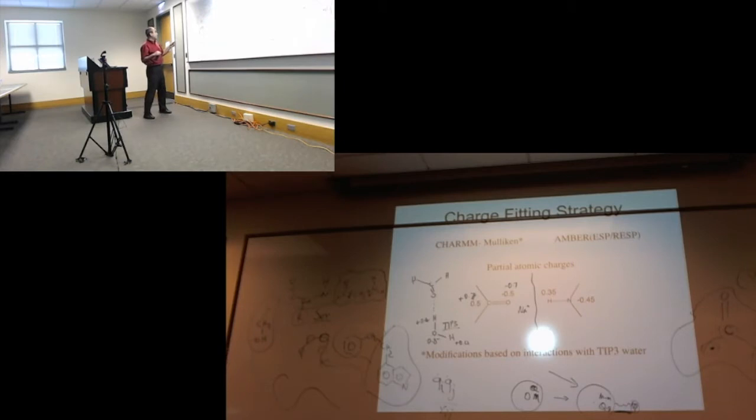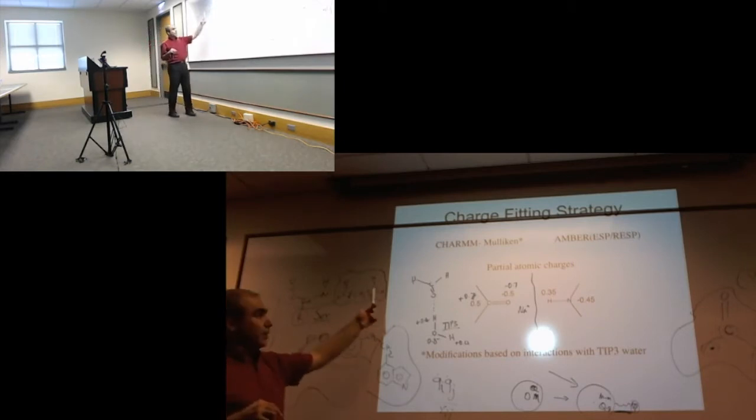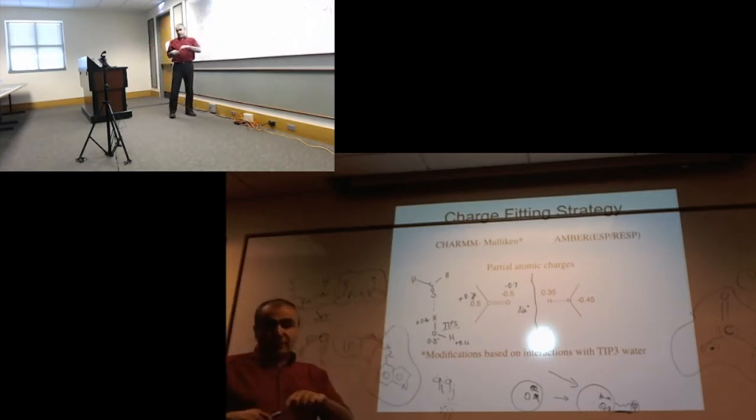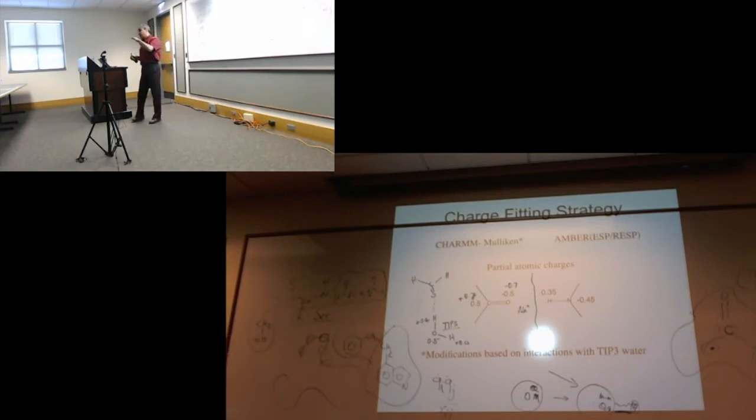If you go back to the CHARMM way of doing things, they are using a particular level of theory for calculating these charges. Nowadays, we can do much, much better, much higher levels of theory, much larger basis sets, but again, you're becoming inconsistent with the rest of the force field.